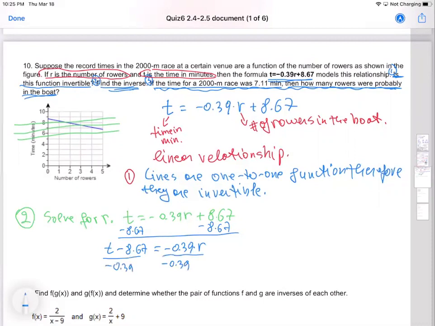When you simplify this, you will get R equals T minus 8.67 over negative 0.39, which you can write by dividing the numerator and denominator by negative, as 8.67 minus T over 0.39.